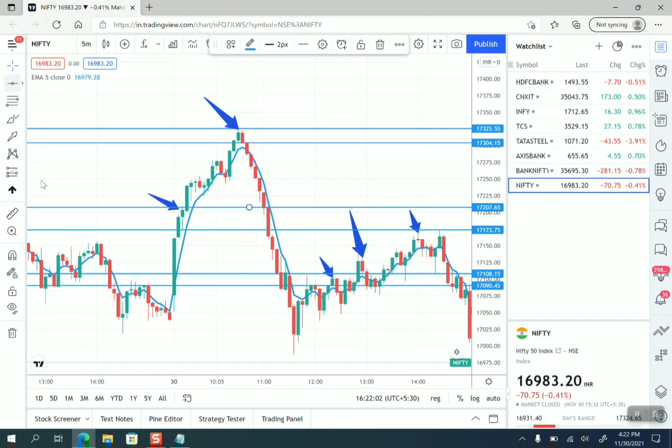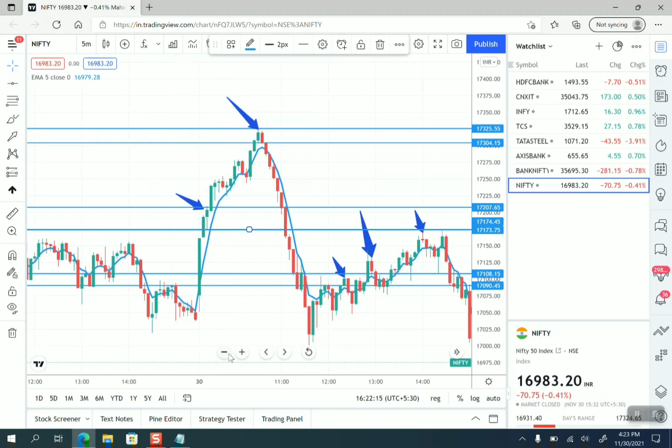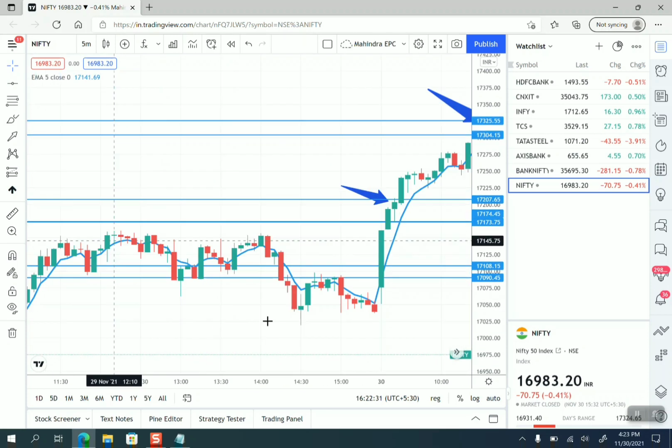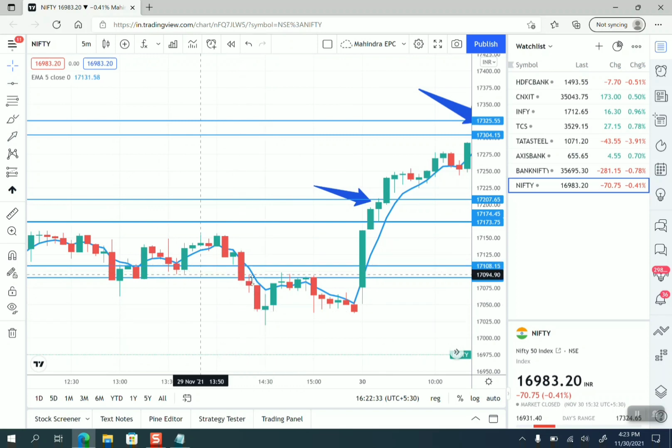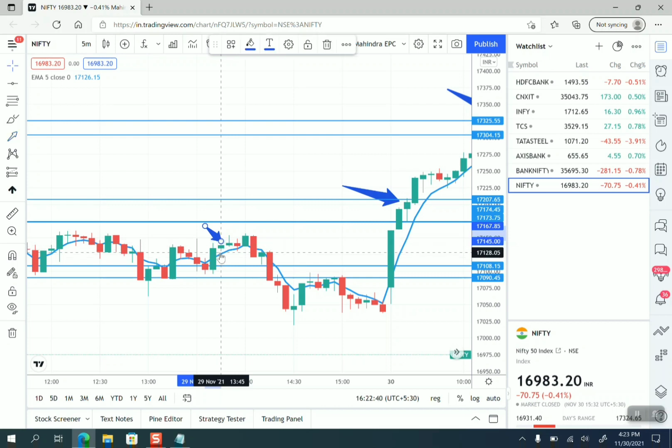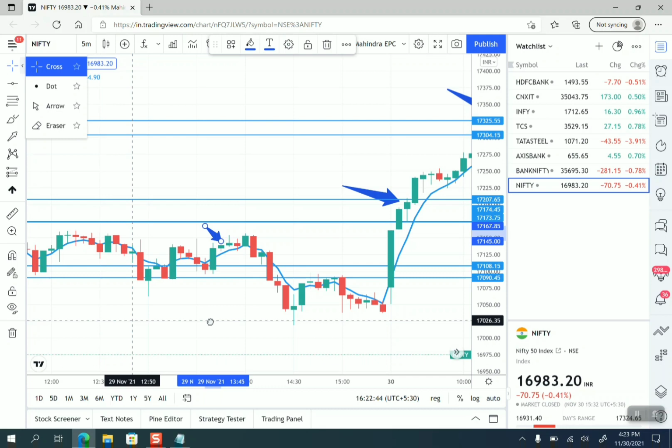So the main point is, for the candle that is away from the line, it needs to break the low of the candle, and only then can we initiate our trade. That's the funda. In the previous day also we can see a couple of such instances. This was away from the line, but it never touched the low, it did not break the low, so we did not initiate a trade here.